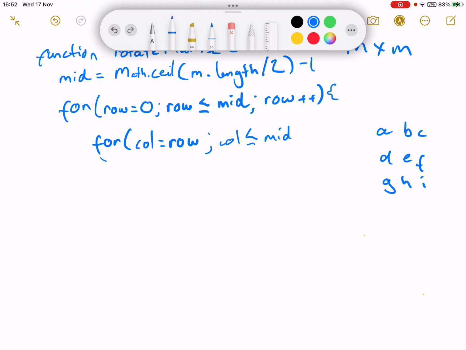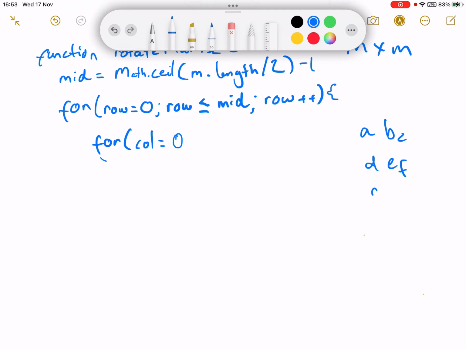Mid plus 1. Okay, so then row is equal to 0. I'm running out of time here, but A, B, C, D, E, F, G, H, I, right?